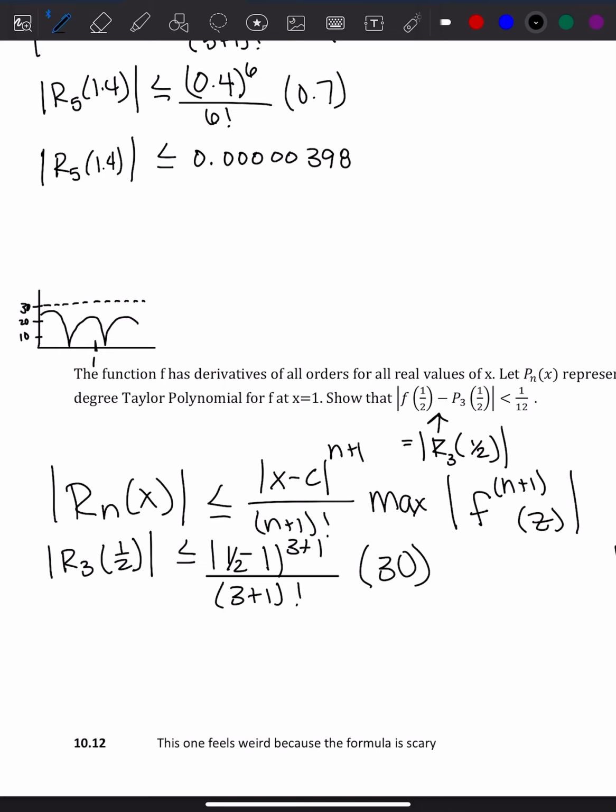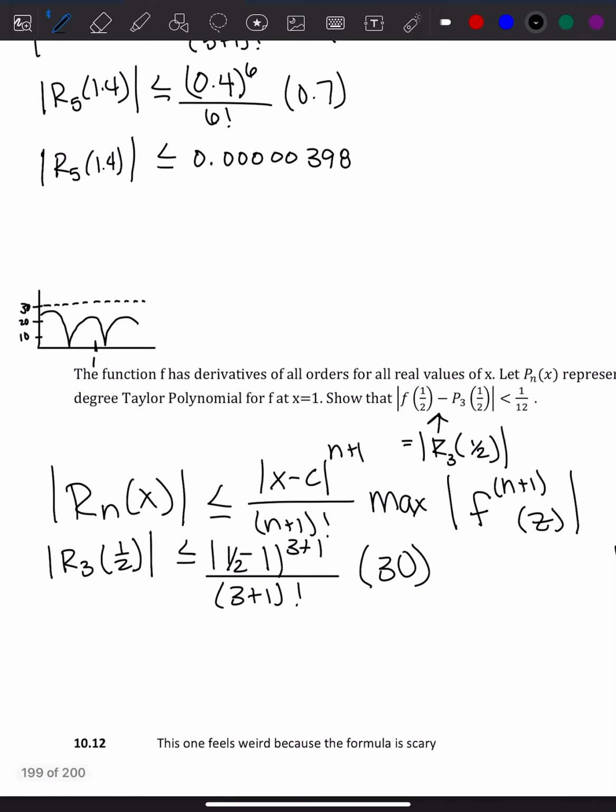Things that I know, 1/2 minus 1 is, and absolute value is 1/2. 1/2 to the 4th power is the same thing as 1 over 2 to the 4th power. We have 4 factorial. So we're going to be dividing whatever it is by 24.